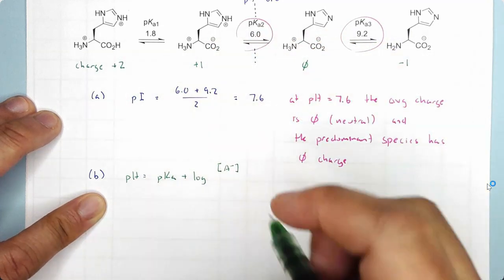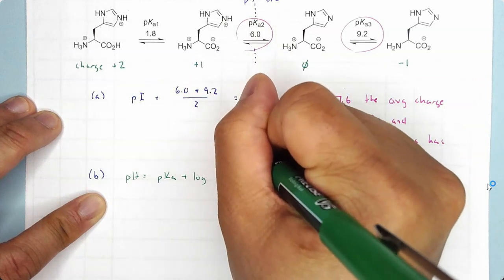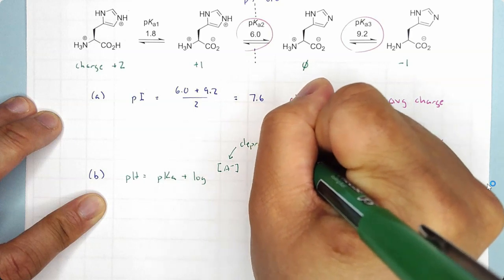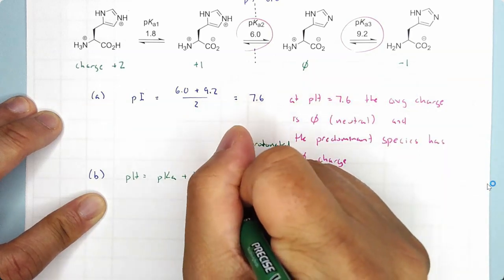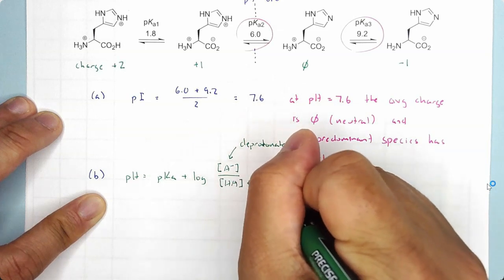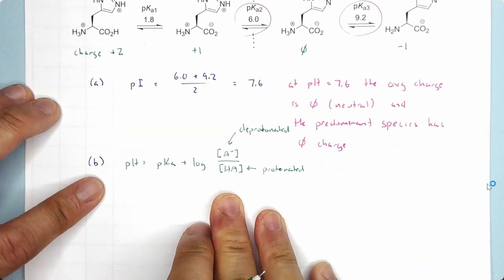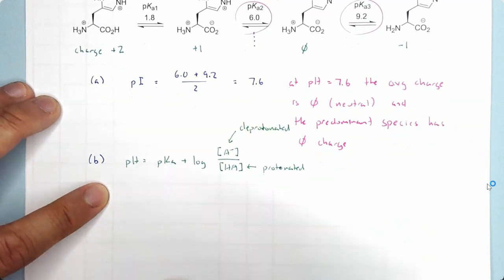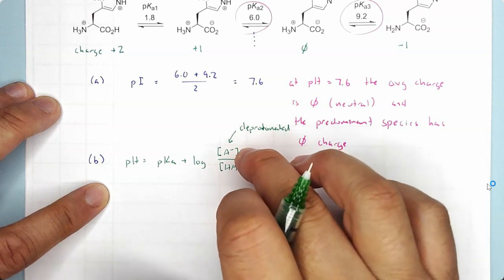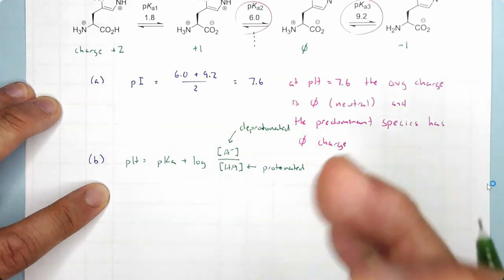So maybe it's better to think of it as the deprotonated form over HA, which is obviously the protonated form. This is the equation that most students memorize, but it doesn't mean that your species in the numerator has to be negative. It just has to be deprotonated.